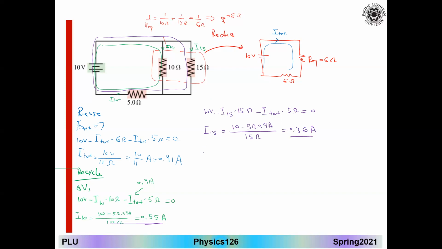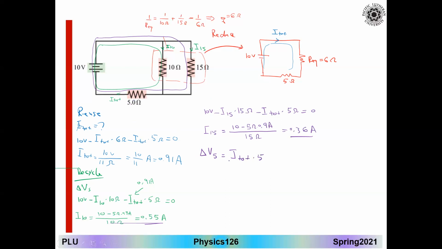Let's call it, here is the 5 and 10 and 15. So here is the delta V in the 5 ohms, which will be I total times 5.